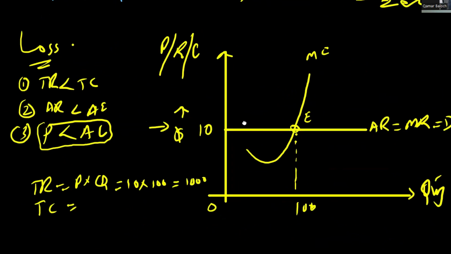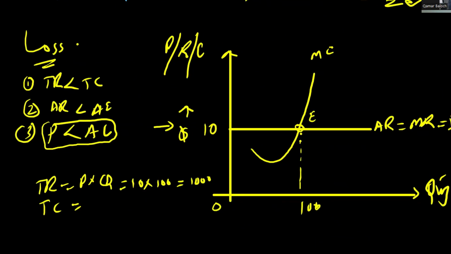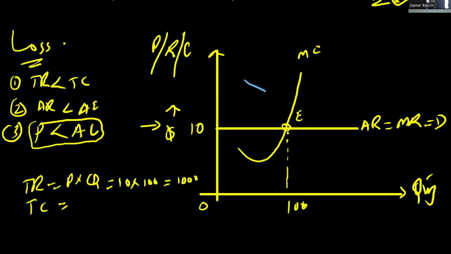So let me complete this graph here, and you can see that now average cost should be above the $10 price. So the average cost curve is like this. Again, extend the same perpendicular of 100 quantity till the average cost curve. At point A, you will find out average cost that is equal to, let's say, $15.